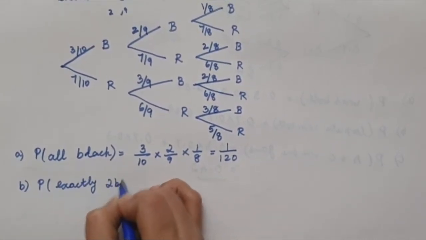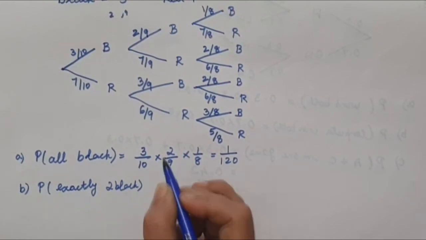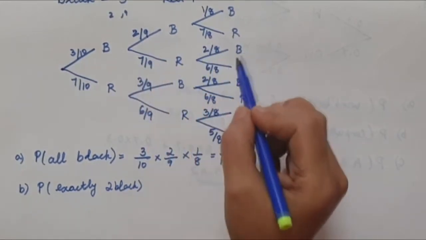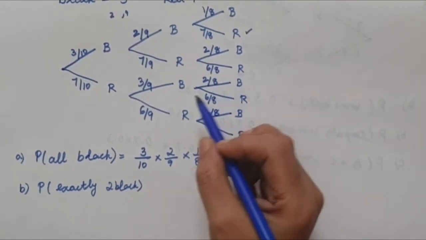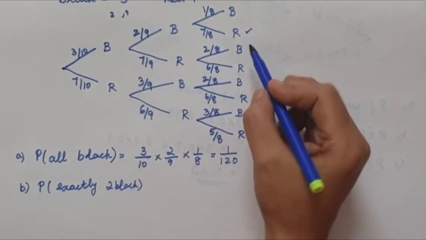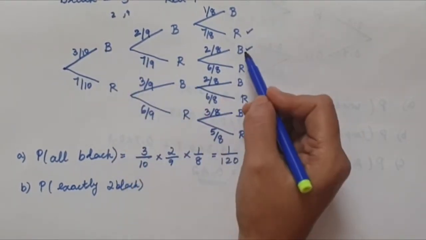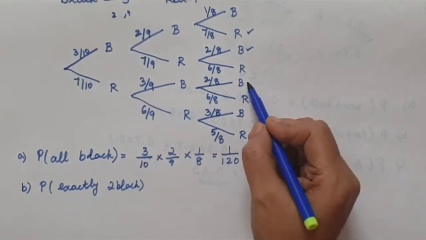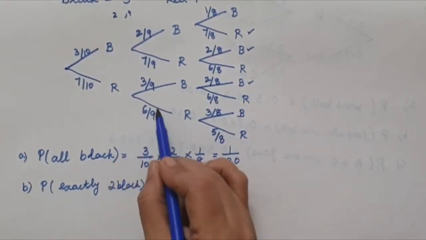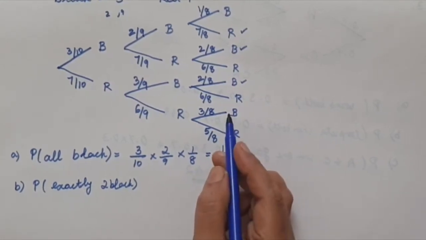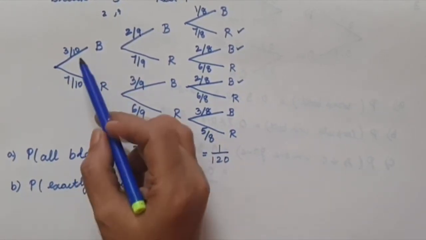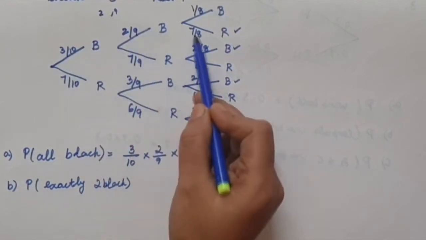Probability of exactly 2 black. Here, exactly only 2 must be black. So this branch has 2 black, then this branch has got 2 black. Here a black, here a black, and this branch has 2 black. Only 3 branches are there which give us 2 black. So we write it out, in order to come here, this into this into this.